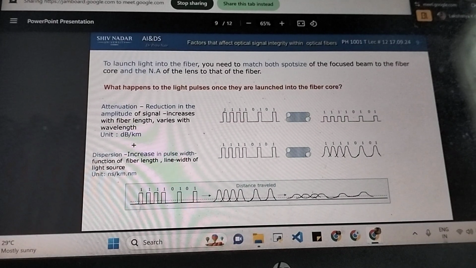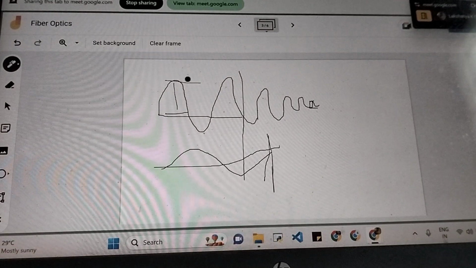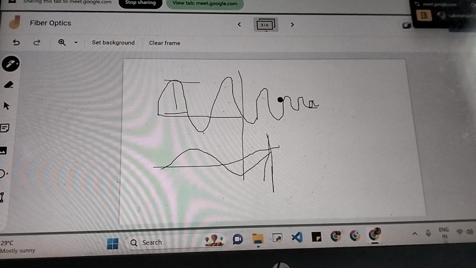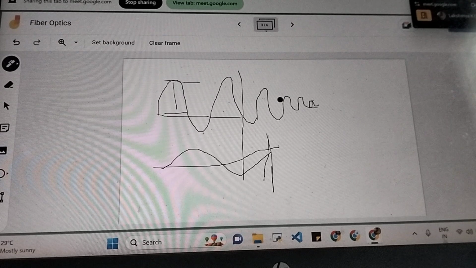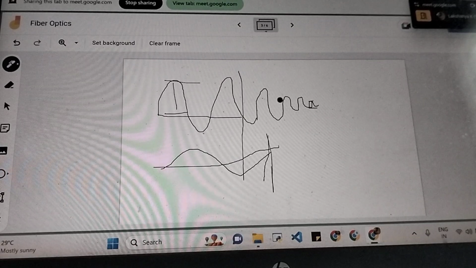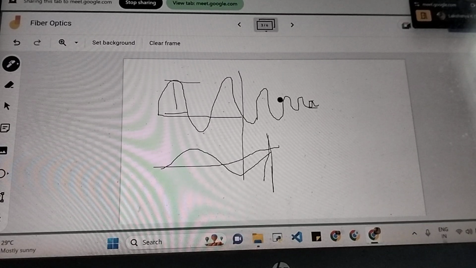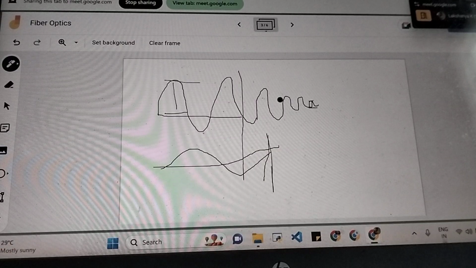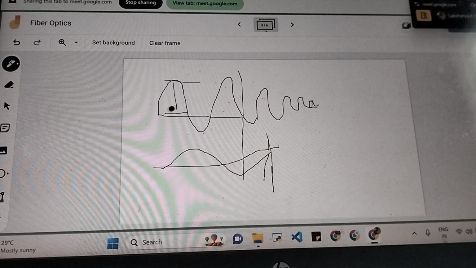Attenuation is the reduction in the amplitude of a signal. How I like to explain this is, you take a rubber ball, a tennis ball or cricket ball, and throw it on the floor. It will start bouncing, but every time it hits the floor and jumps back up, the maximum height it reaches is less and less, like you see in this diagram here.